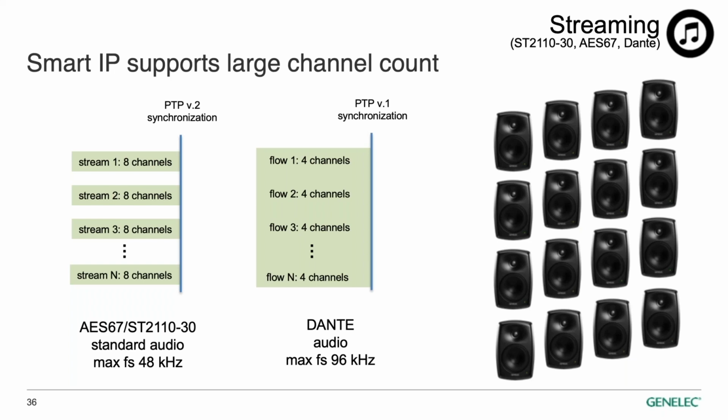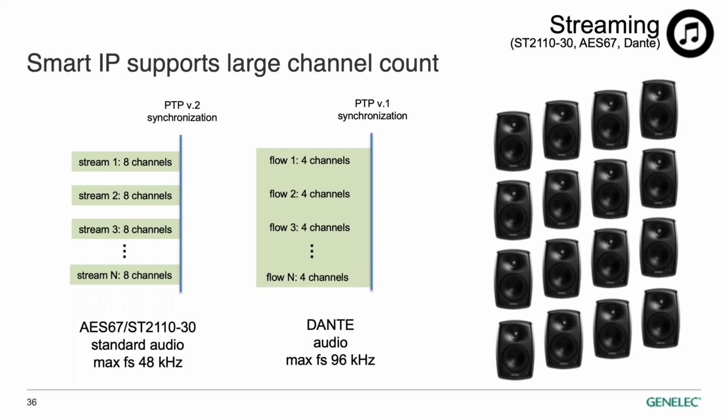And the stream is constructed out of 8-channel streams, which are then combined together to achieve the total channel count. Whereas on Dante streaming, the maximum sample rate is 96 kilohertz, and the Dante stream is constructed out of 4-channel flows, which are connected together.